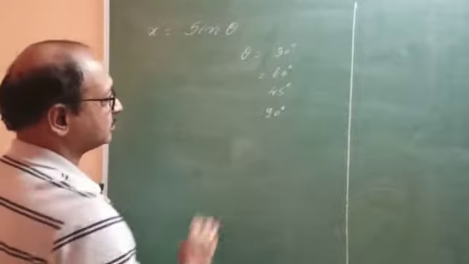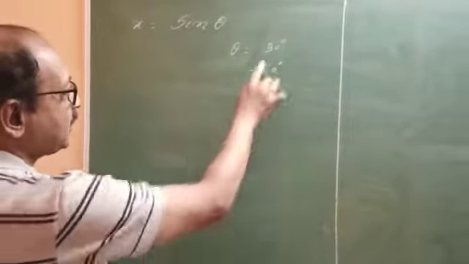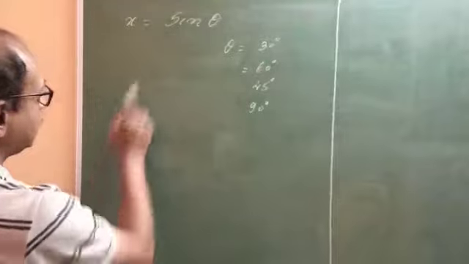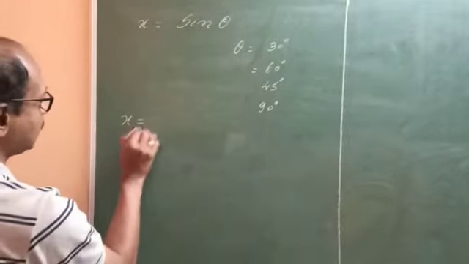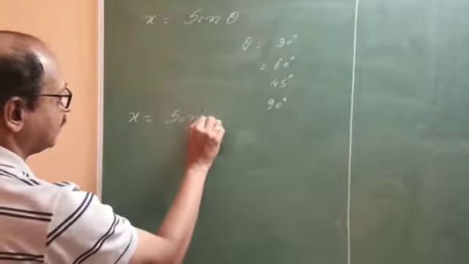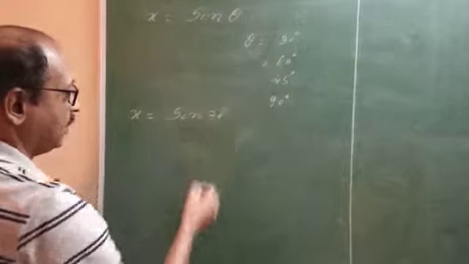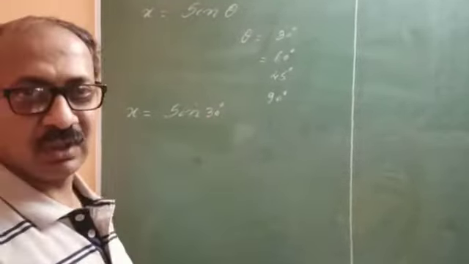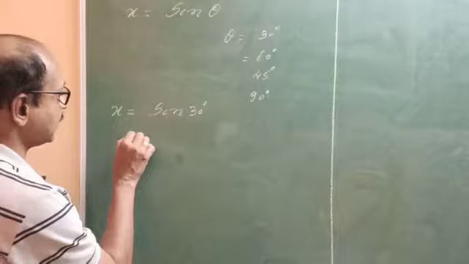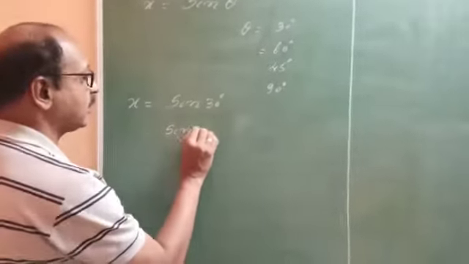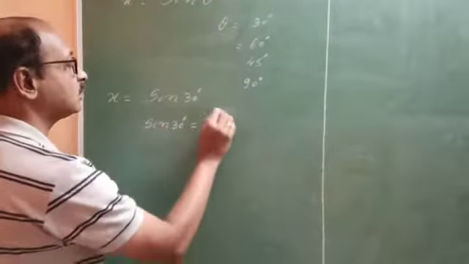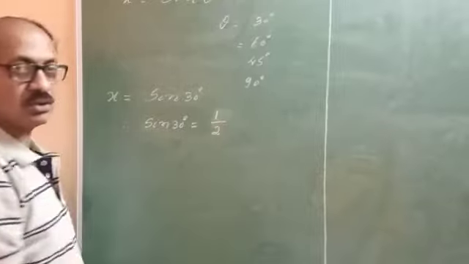So we put this angle here. Then x is equal to sine 30. What is sine 30? You already know that sine 30 is equal to 1 by 2.